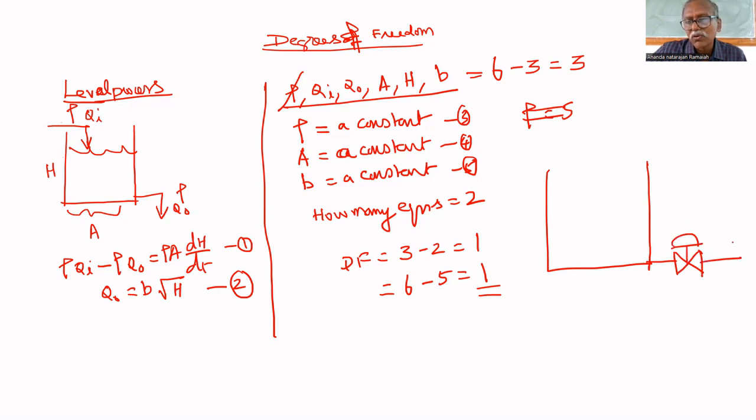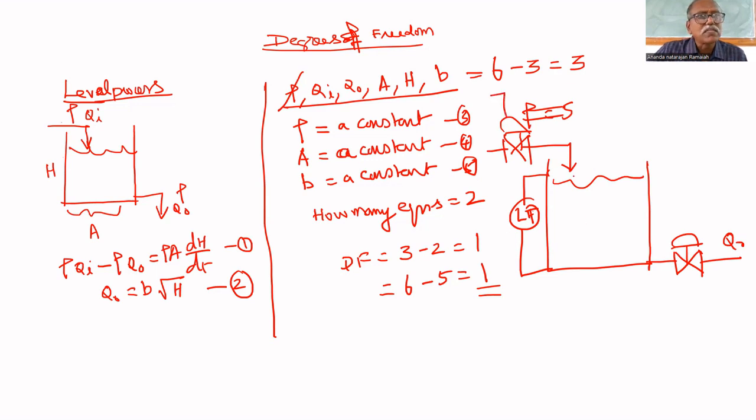I also want to control level, so I put a level transmitter and one more controller here. Here, I am trying to control 2 variables simultaneously. I want to control level by adjusting inflow rate, and outflow rate by adjusting this valve. It will not work out.